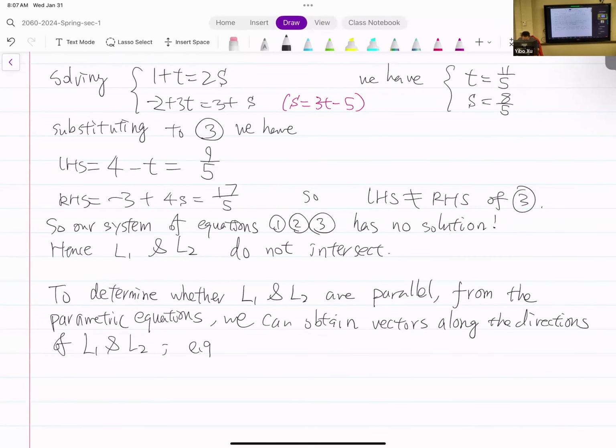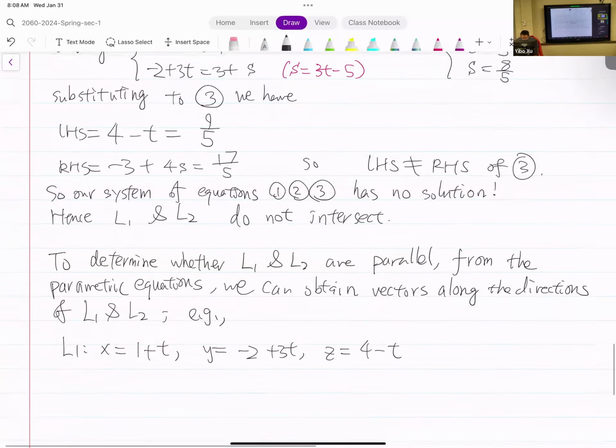For instance, if you look at L1, this is x equals 1 plus t, y equals -2 plus 3t, z equals 4 minus t.